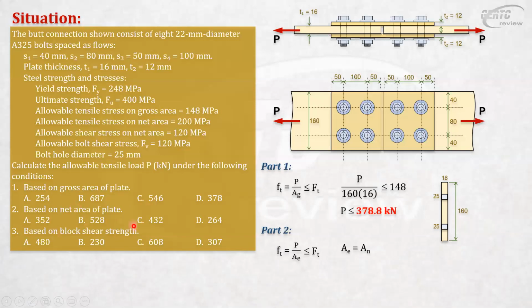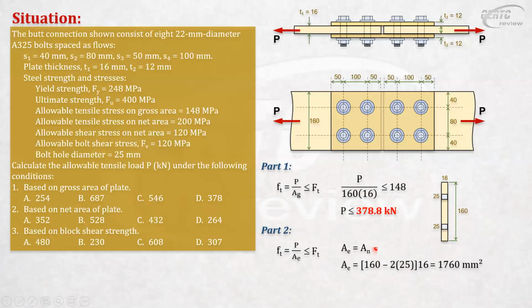But in her choices, there will be no answer if you add 1.6 mm here, so let's just use that hole diameter. Computing the net area: 160 mm less two holes, 25 times 2, times the thickness of the plate. There is no reduction factor because this is a flat plate, unlike an angle connected on one side only, where you need a reduction factor U. In this case, it is equal to the actual net area.